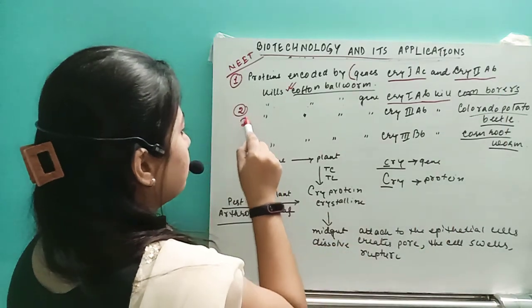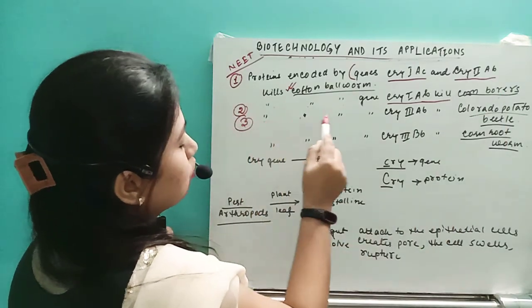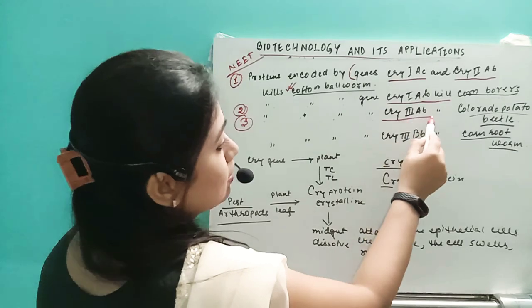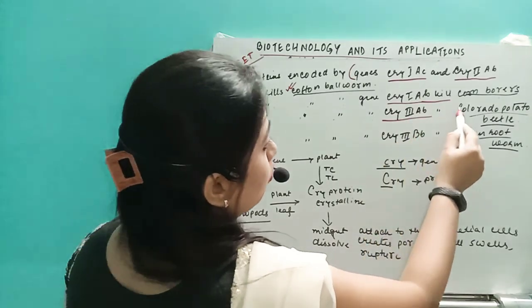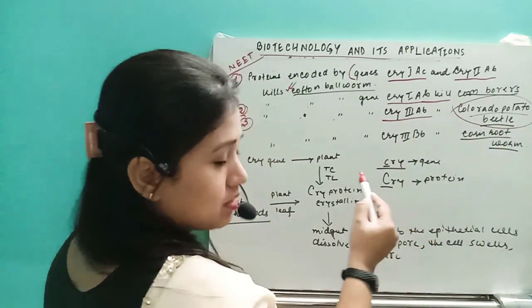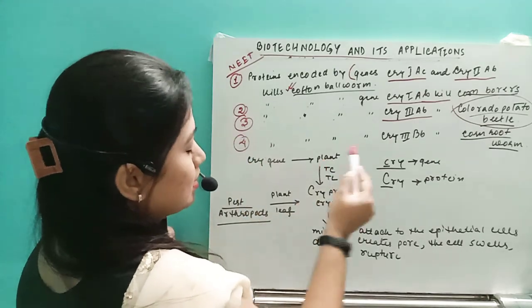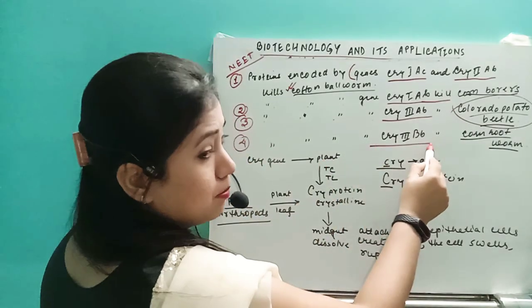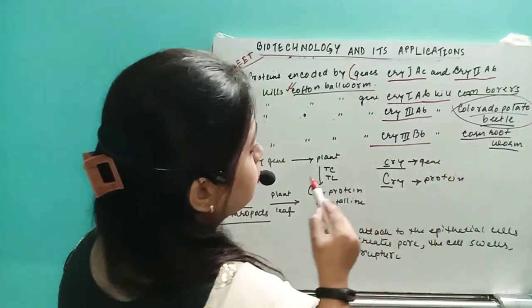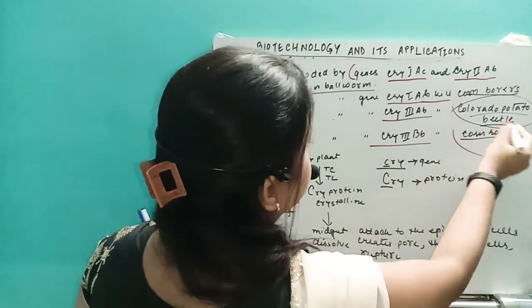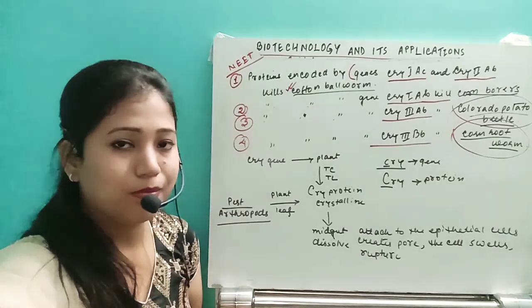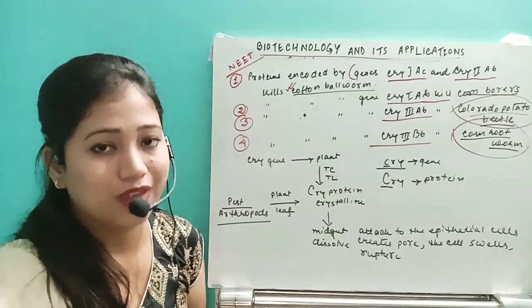The third one, the protein encoded by the gene Cry3Ab, kills the Colorado potato beetle. The next one, the fourth type of gene, Cry3Bb, kills the corn rootworm. So just remember, these are going to be very important.